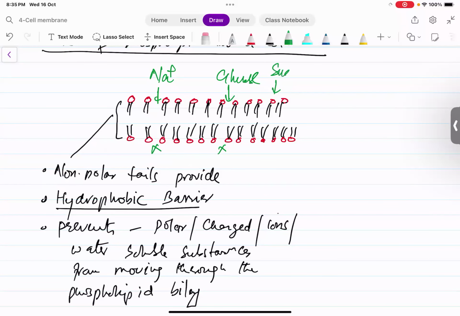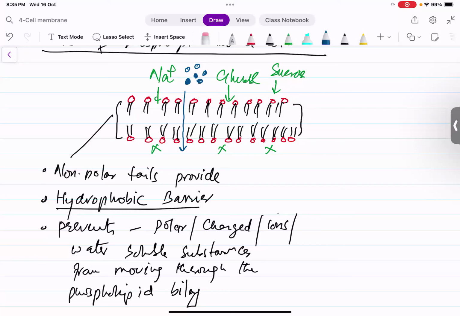So why don't they move? Due to this hydrophobic barrier, which is provided by the non-polar tails. However, on the other hand, non-polar substances, gases, and water-insoluble substances can easily diffuse through. If there is a high concentration on the outside and a low concentration inside, they can easily diffuse through these spaces from inside out or from outside in, depending upon the concentration gradient. So that is what makes this phospholipid bilayer, this cell surface membrane, a partially permeable membrane.